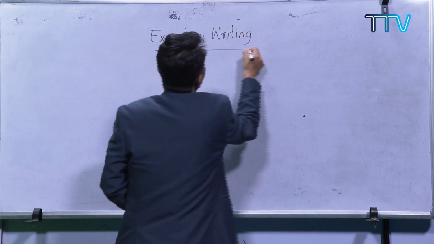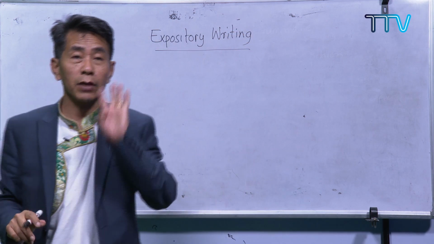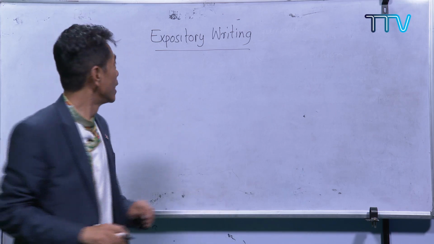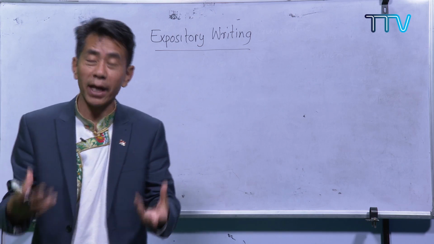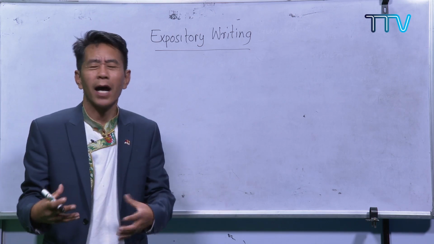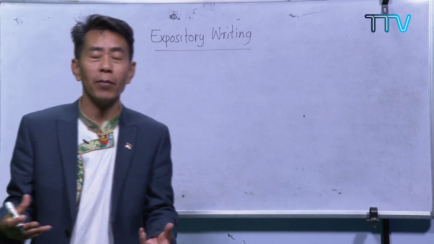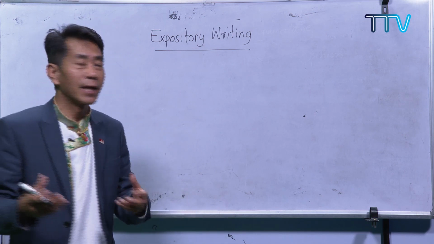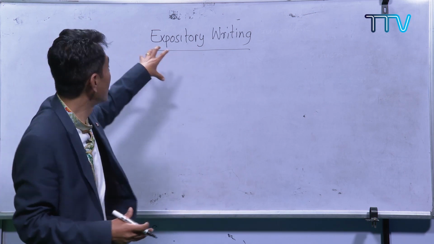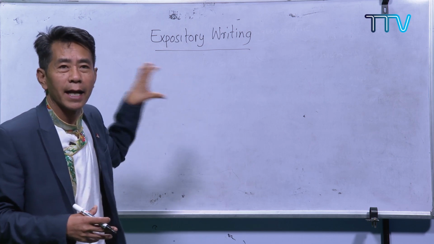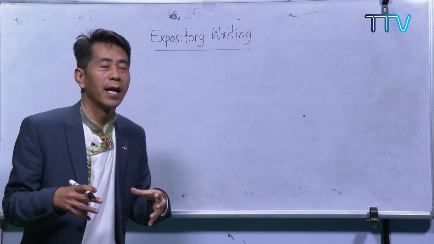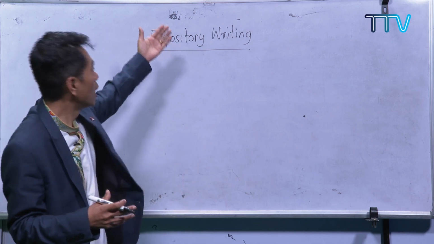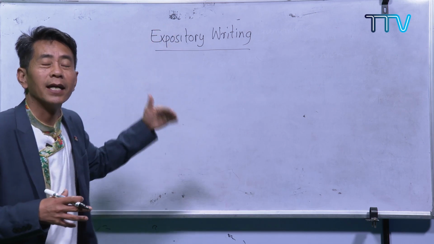Out of the four types of writing, expository is one type of writing where you explain, inform, describe, tell, so many. All these come under expository, and expository writing is the writing which is done the most, because under this there are so many other types.